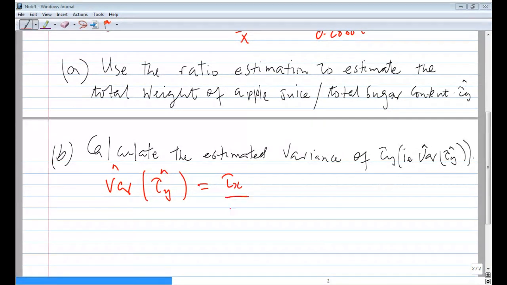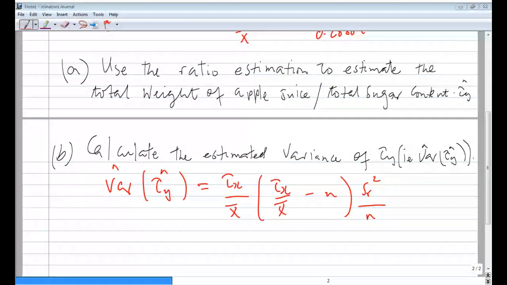Tau x divided by x bar, into tau x divided by x bar minus n, close bracket, s squared, multiplied by r over n. It's not multiplied by r, it's S_R squared. That R stands for the ratio. S_R squared stands for the estimated variance under ratio estimation.